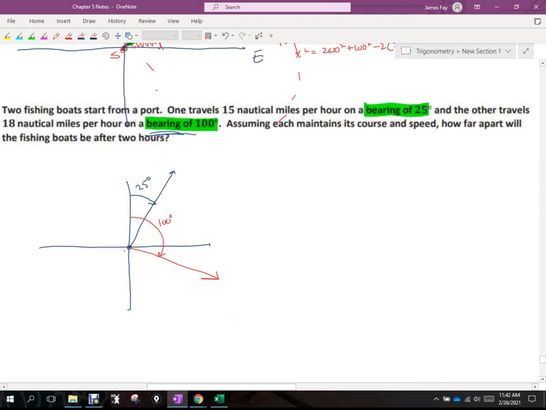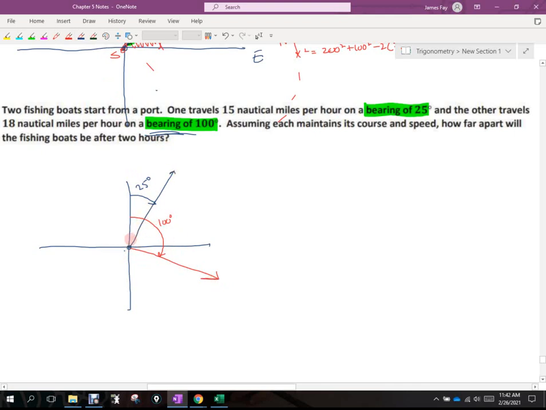Okay. Now it says the first one, the blue one here, was going 15 nautical miles per hour. Okay, you ever heard somebody say 15 knots? That's what a nautical mile per hour is. So that one's going 15. This one's going 18. And they are traveling for 2 hours. So how do I find that distance then?